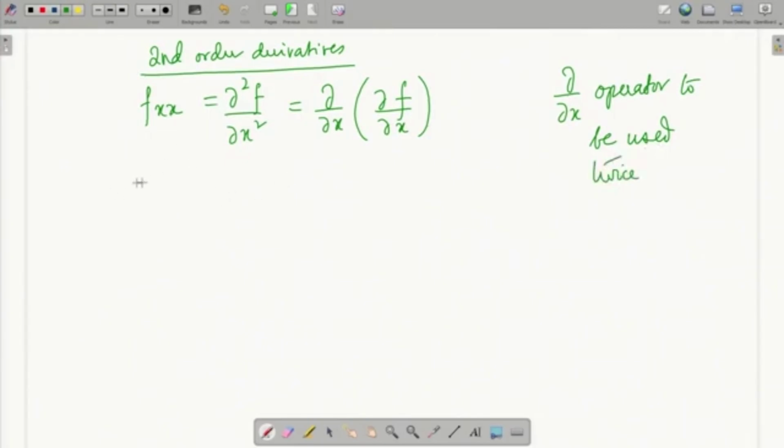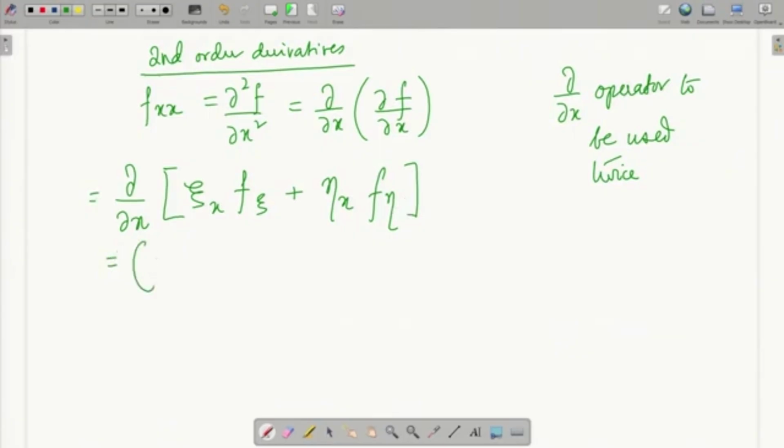So, we first work out an expression for del f del x and then apply the del x on it once more. So, del f del x can be written as this. So, it is like you are applying the operator del x on del f del x.